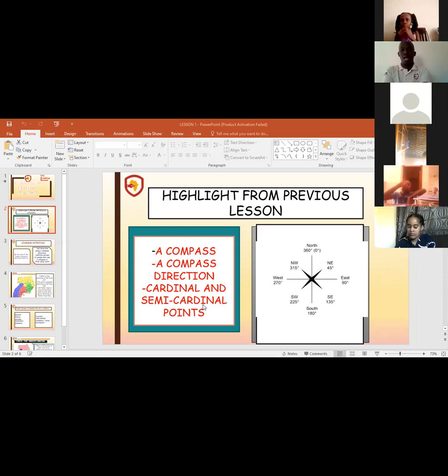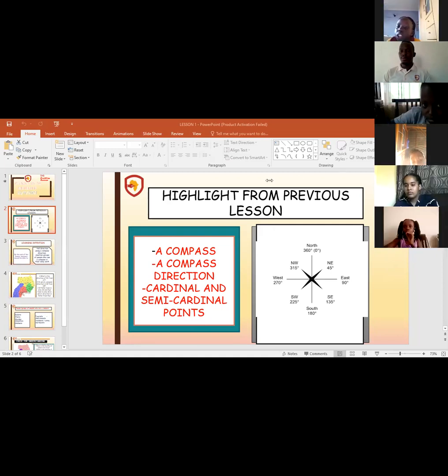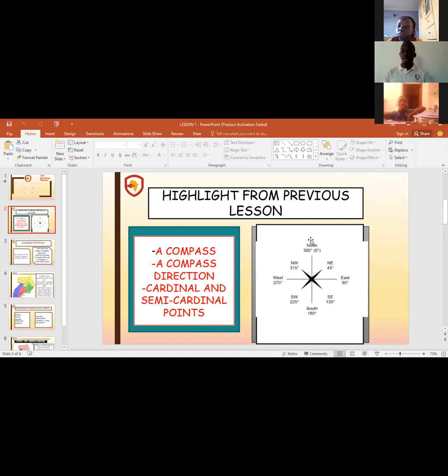Then we also looked at the semi-cardinal points, and we said that the semi-cardinal points are points that are found halfway between cardinal points, okay? And now this diagram here shows those points. North is here. I hope you all can see it. North is a cardinal point.